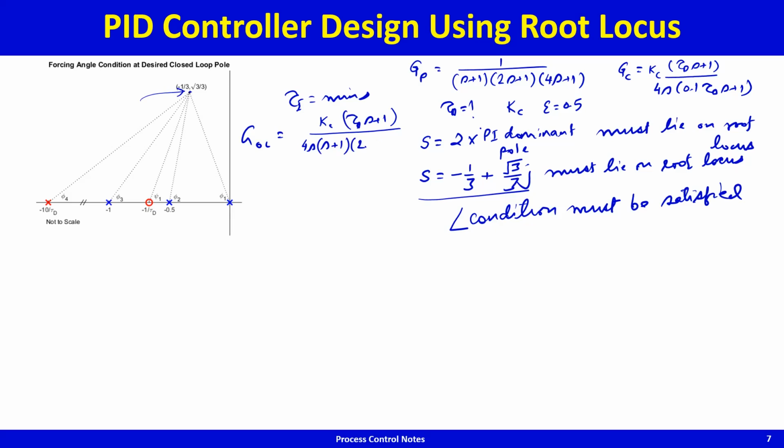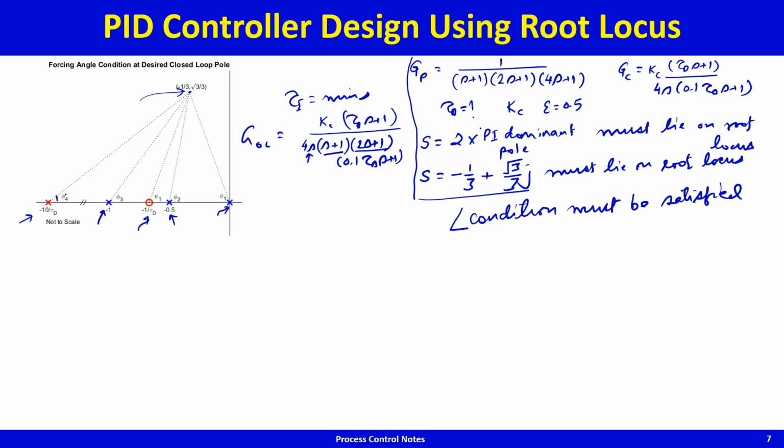It has a zero at minus 1 by tau d. It has a pole at the origin, a pole at s equal to minus half, a pole at s equal to minus 1, and a pole because of tau d at minus 10 by tau d.